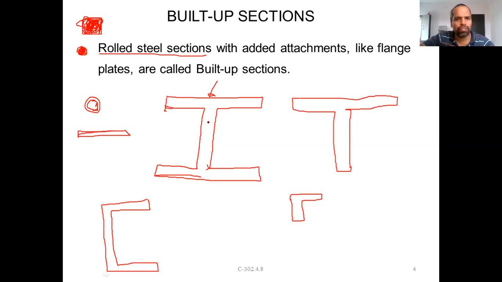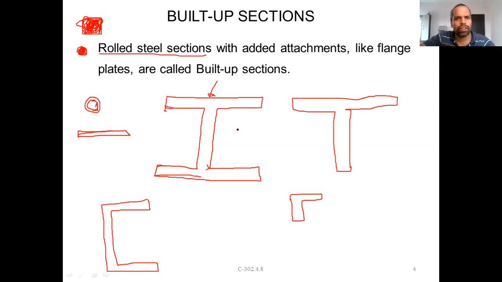If lighter loads are there, you can go with a single I section of smaller size. If a little more load is there, you can go with heavier sections. But if the load is very much higher, a single section alone is not sufficient to take the entire load.